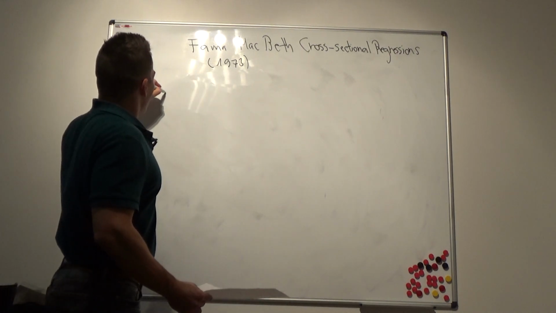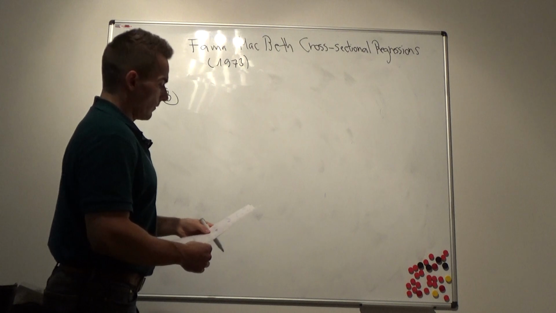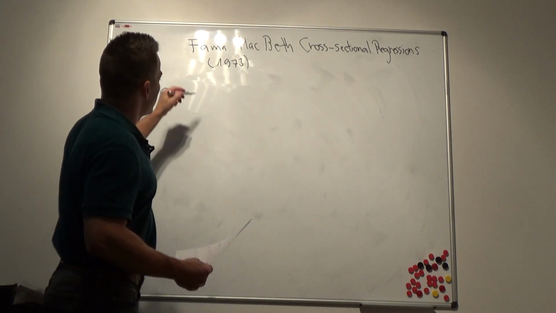So the third step in our cross-sectional Fama-MacBeth regressions is we have to define a vector.